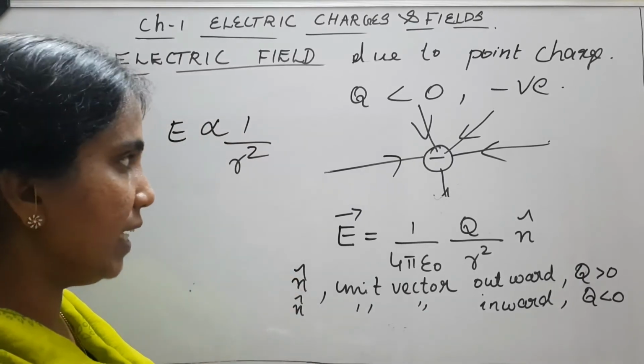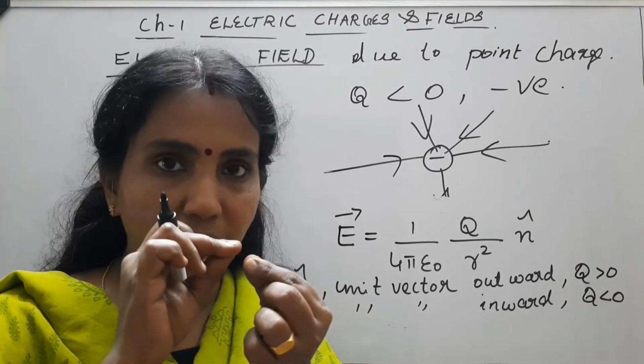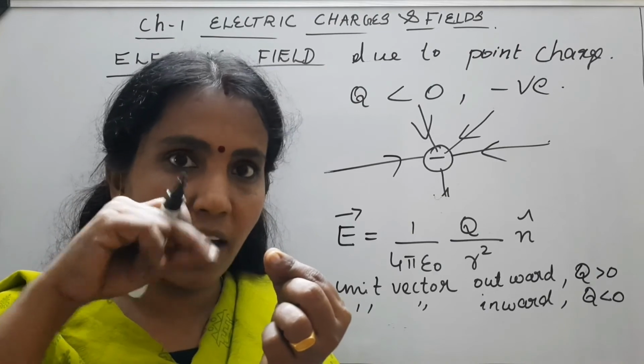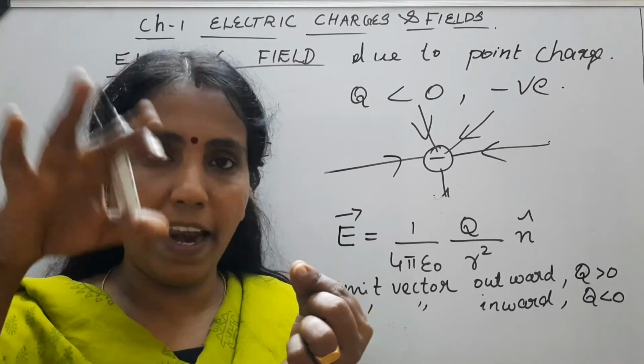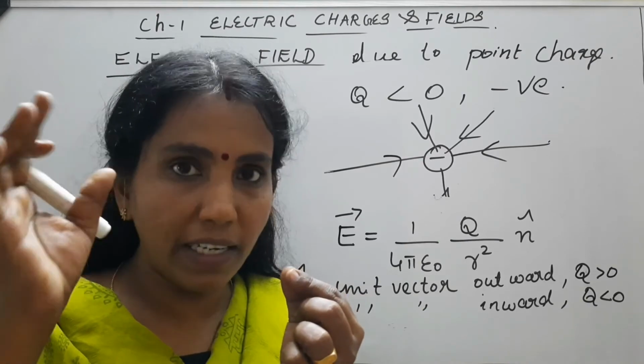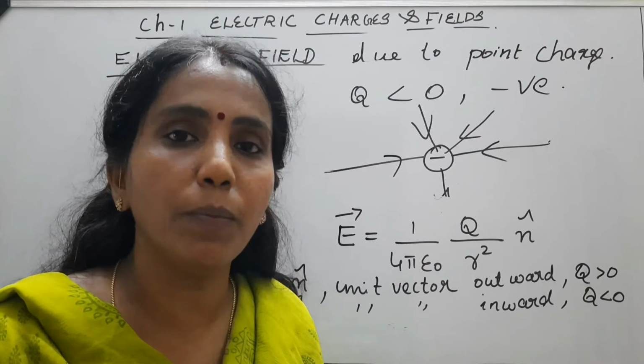So the thing is this: in the vicinity of a given charge, at a distance R from that charge in all directions, for all those points which are at a distance R from this point charge, the electric field will be same.